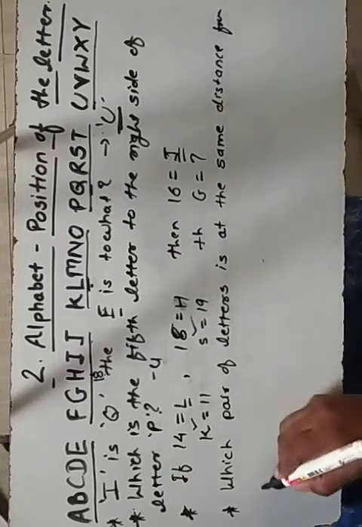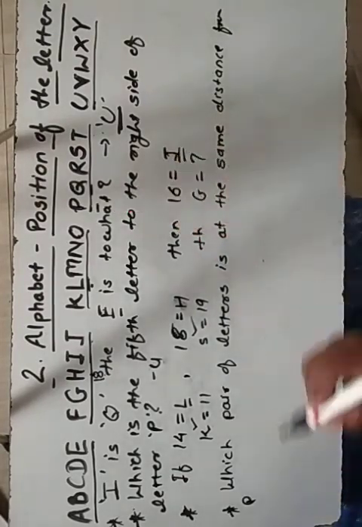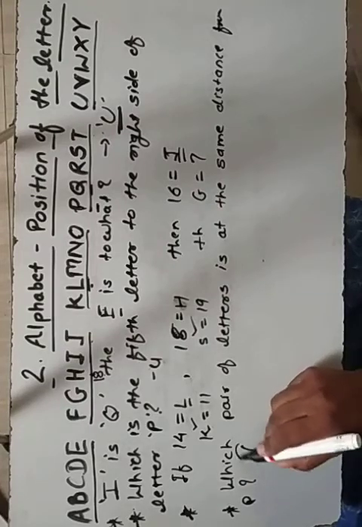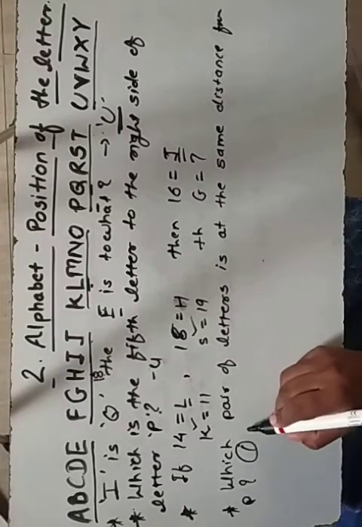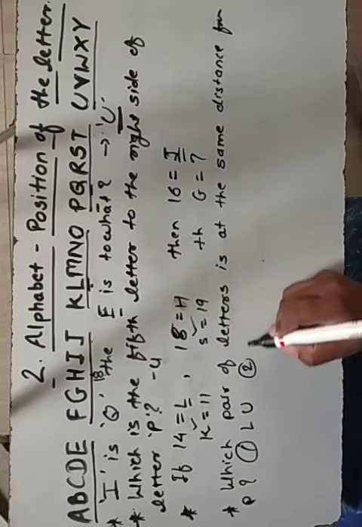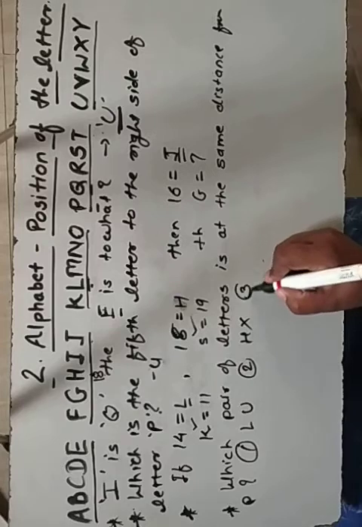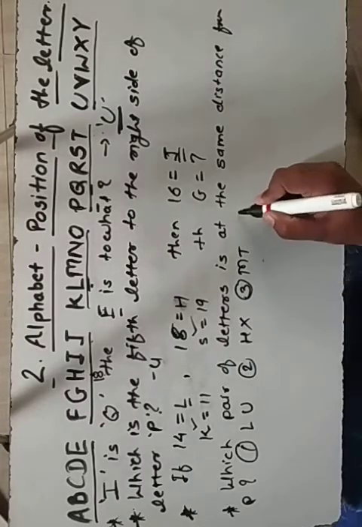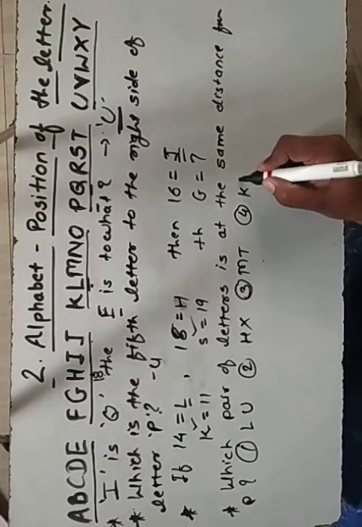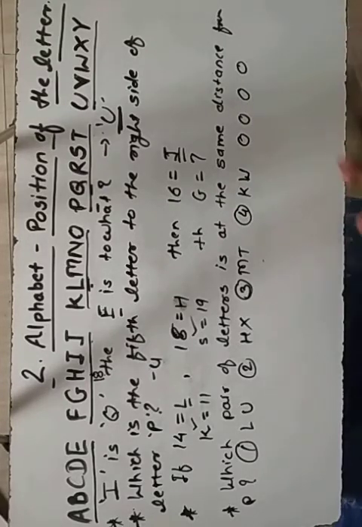P is here. The options are: first option LU, second option HX, third option MT, and fourth option KW. So we have to write its answer.